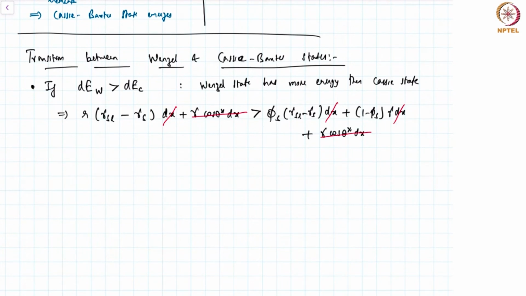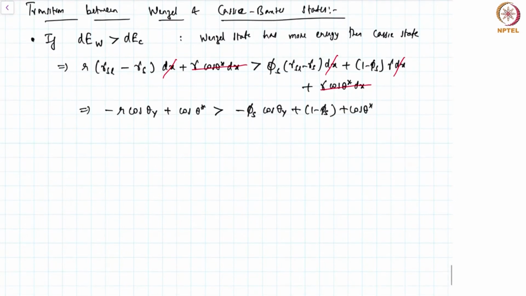With some rearrangement, what we get is minus r cosine of theta y plus cosine of theta star becomes larger than minus phi s cosine of theta y plus 1 minus phi s plus cosine of theta star, right?